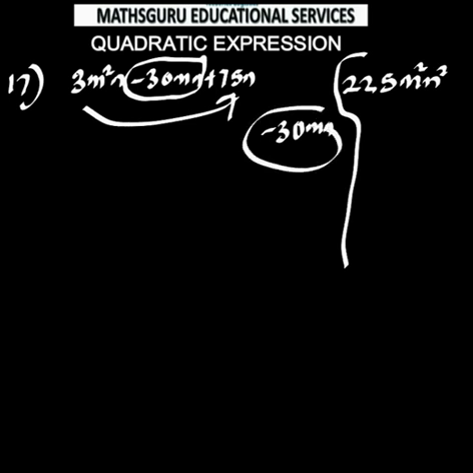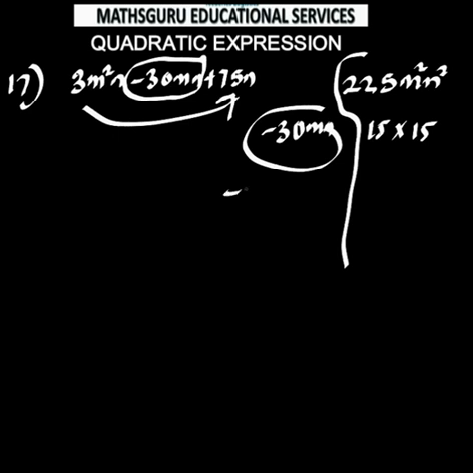Oh, one thing just came in now. The square root of 225 is 15, and 15 plus 15 will give us 30. Okay, we can use that. So it means 15 times 15 will give us 225. That is 15 mn times 15 mn will give us 225 m square n square.